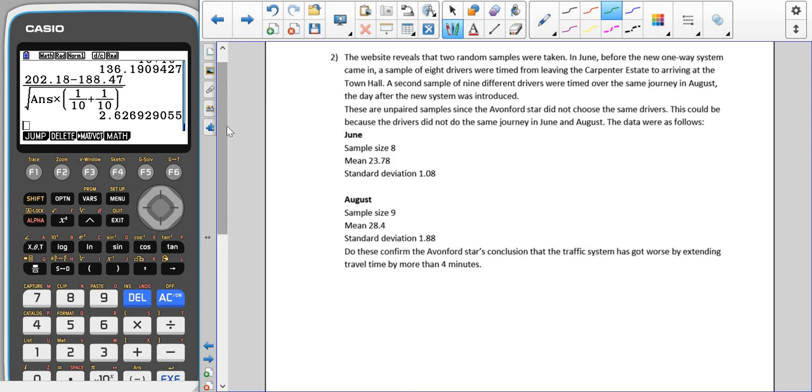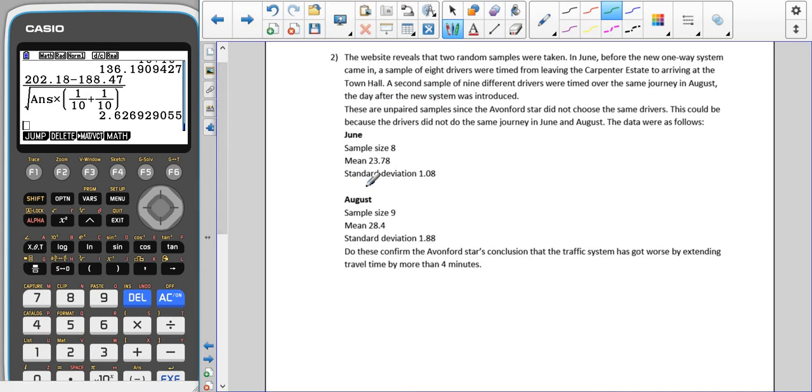A second sample of 9 different drivers were timed over the same journey in August, the day after the new system was introduced. These are unpaired samples since the Avonford Star did not choose the same drivers. This could be because the drivers did not do the same journey in June and August. The data were as follows.